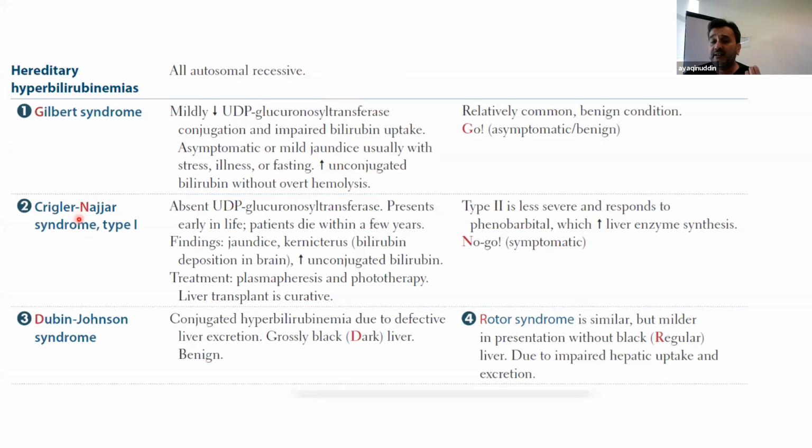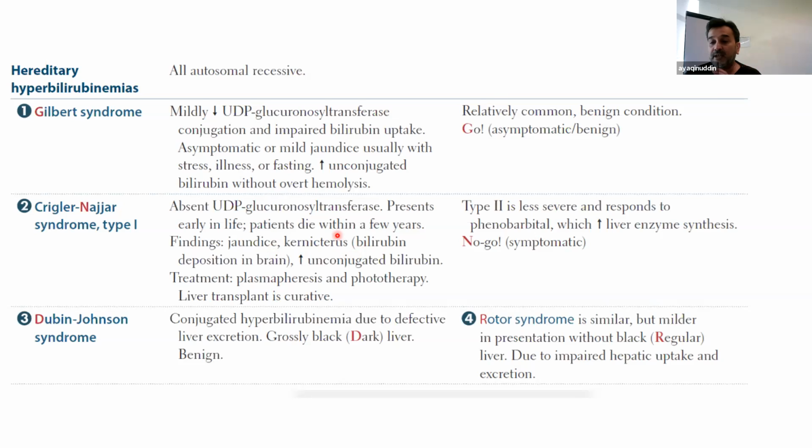Crigler-Najjar, on the other hand, is a very severe problem. It is because of the absence of this enzyme, and because there is absence of UDP glucuronyl transferase, you are unable to conjugate bilirubin. As a result, unconjugated bilirubin levels are going to go up, and this unconjugated bilirubin is going to get deposited into the basal ganglia of the brain, resulting in a condition which is called kernicterus.